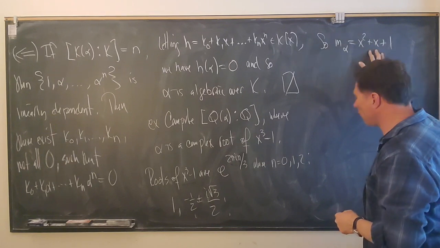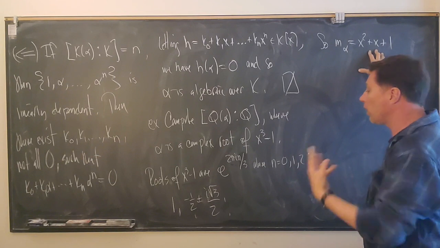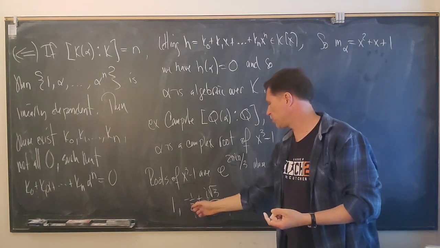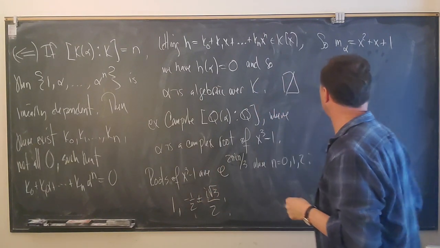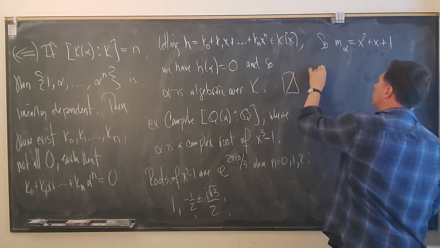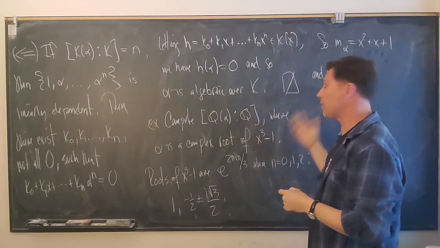And so this polynomial is the least monic polynomial for which, let's just use the plus, minus 1/2 plus i root 3 over 2 is a root. That tells us this is the minimal polynomial. And so remember now, the degree of the extension equals the degree of the minimal polynomial.